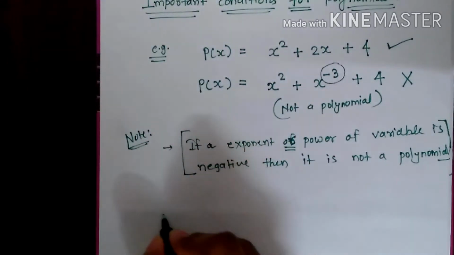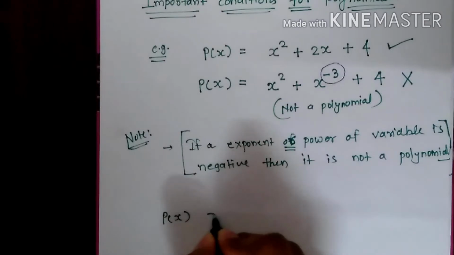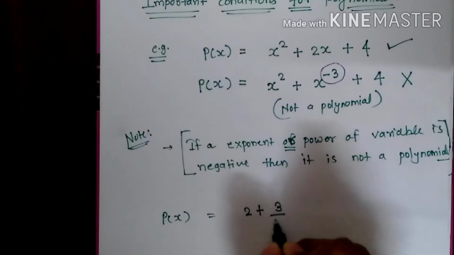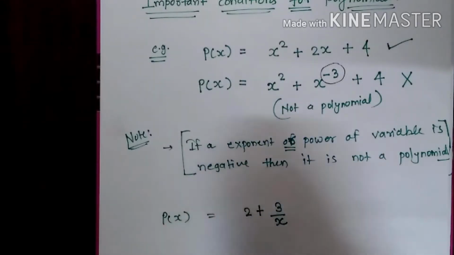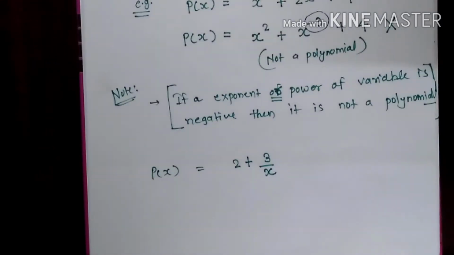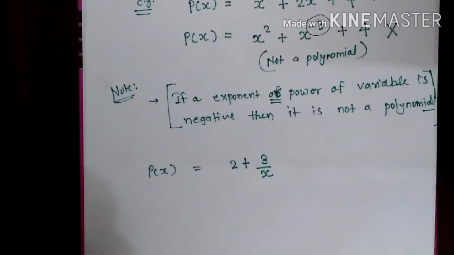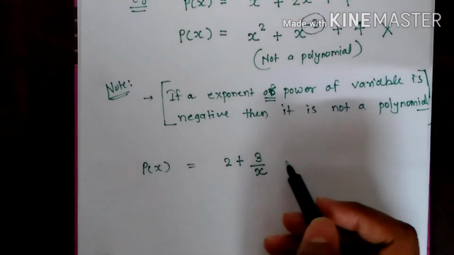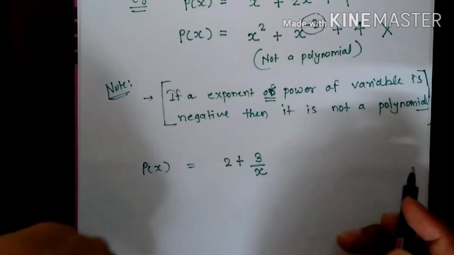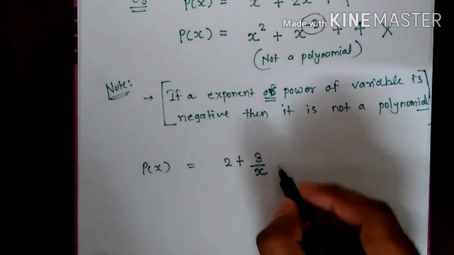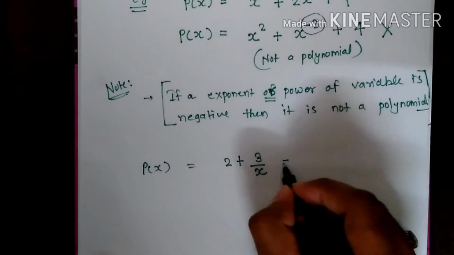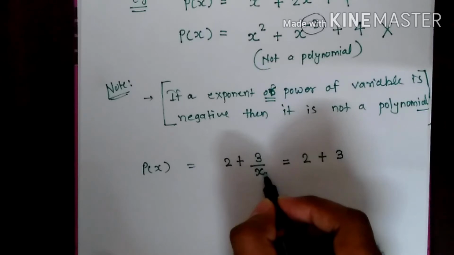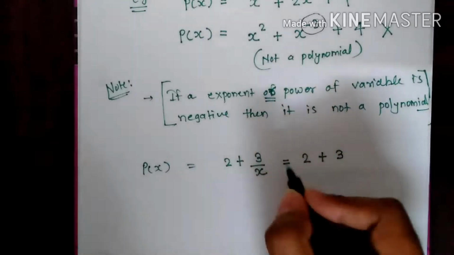Okay. Now let me take a few more examples. Suppose I ask, 2 plus 3 upon x, is this a polynomial? Again there will be confusion. A few of you will say yes and a few will say no. We can write this as 2 plus 3 with x in the denominator.